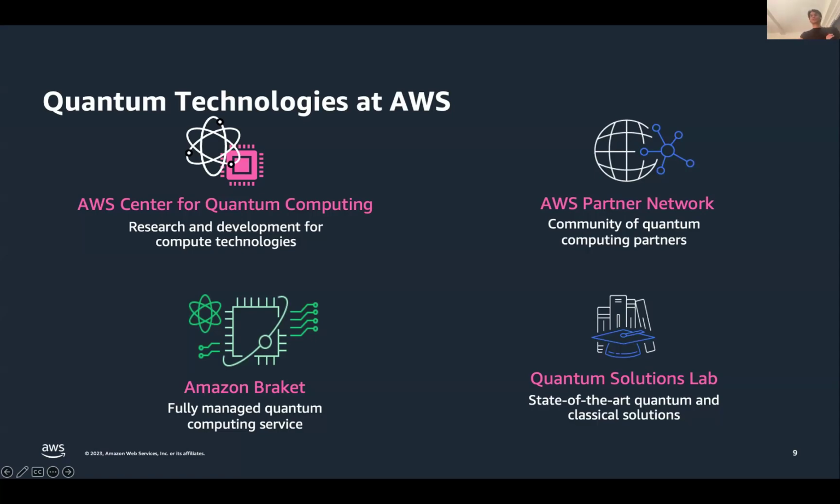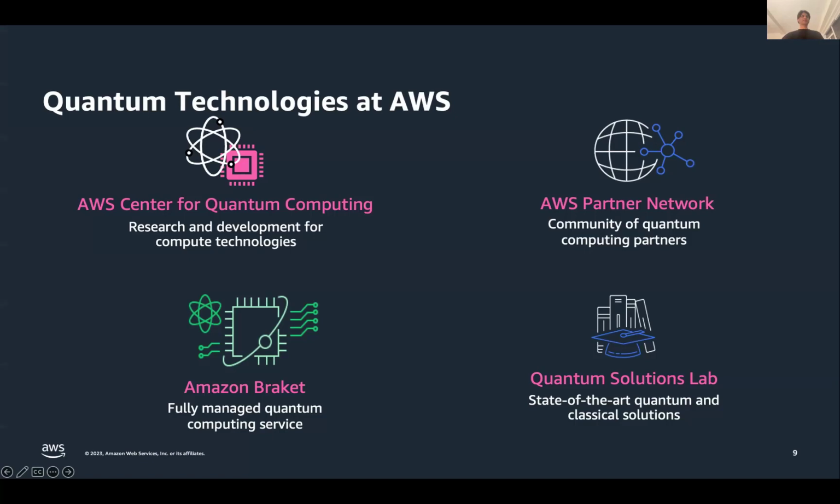Then we have the AWS Partner Network, which is a community of partners interested in quantum computing, and the network helps them find solutions. Then we have the Quantum Solutions Lab, which focuses on finding interesting quantum and classical solutions to problems of our customers.